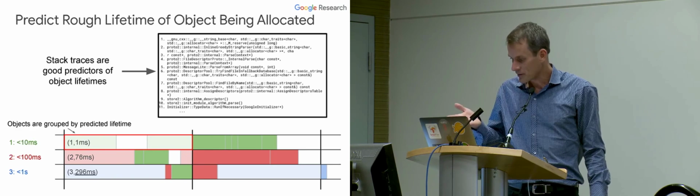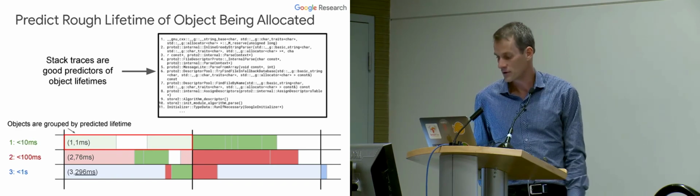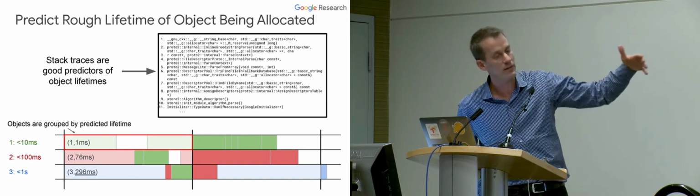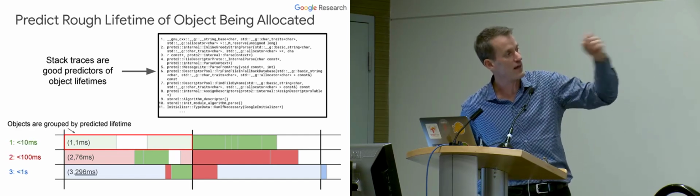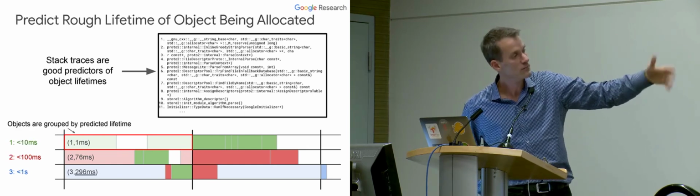So stack traces turn out to be pretty good predictors of object lifetimes. So you can have a stack trace, and from that you can do a fairly good prediction of, is that object going to live for just a millisecond or less than 100 milliseconds?